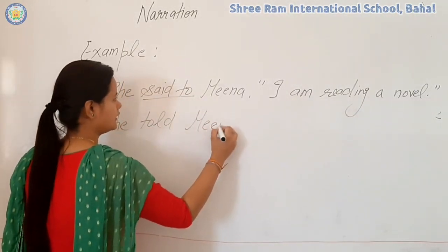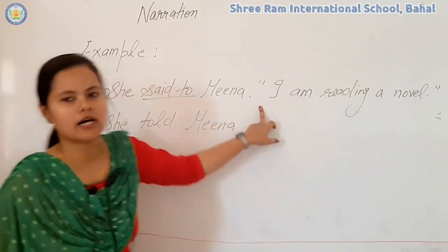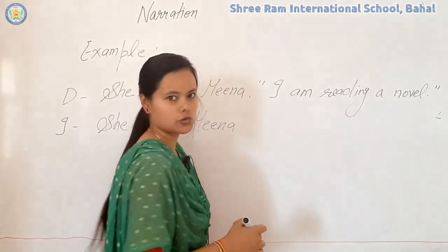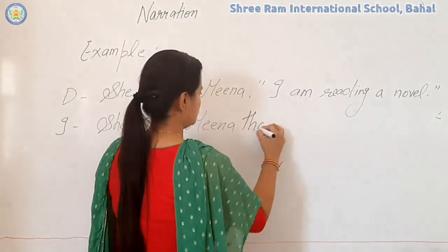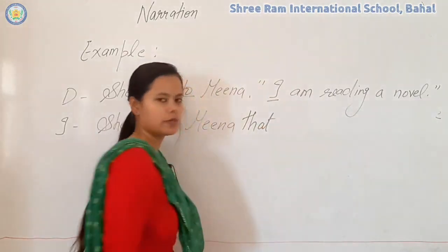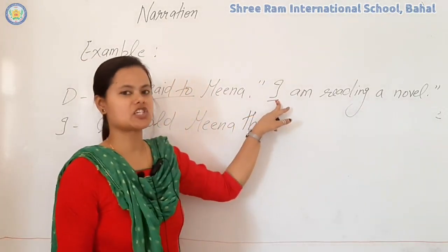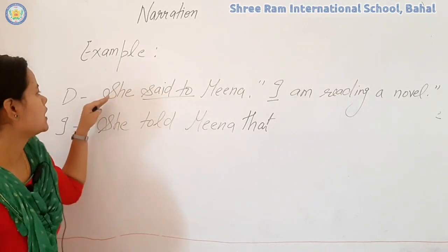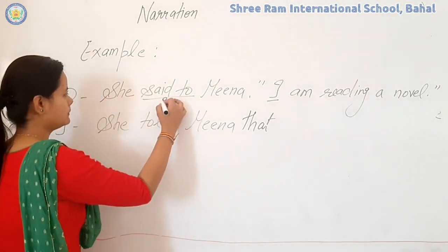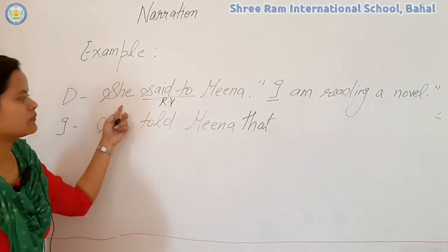Meena. Now for removing inverted commas, what do we have to use? We have to use a connector. Which connector do we have to use here? That. Now change the person first. I is first person, and first person will change according to the subject of the reporting verb. This is your reporting verb and she is the subject here.